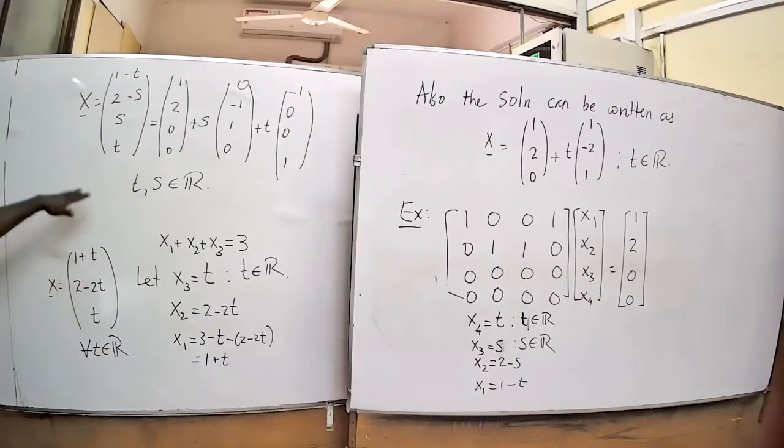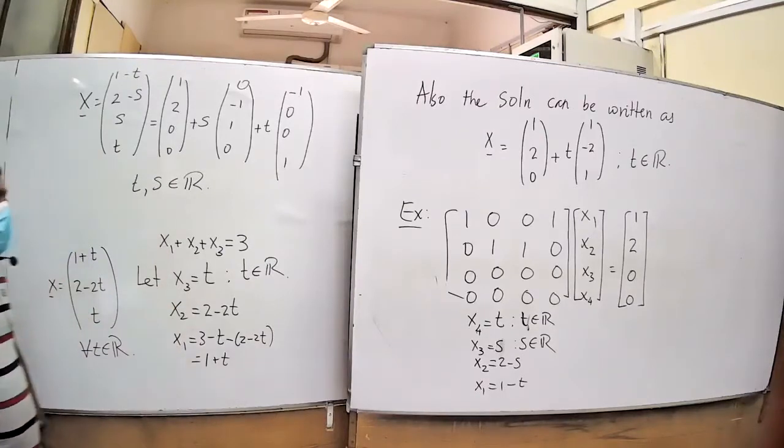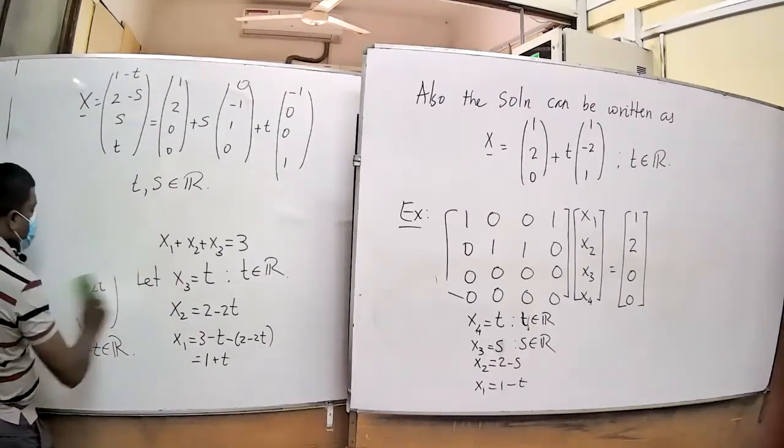Sometimes you may have only one unknown variable to be defined as a parameter. Sometimes you may have more than one. This is two. Sometimes you may have three or four. It depends. There is another case where you will have infinitely many solutions that we will not go deeper into, but just give you an example.